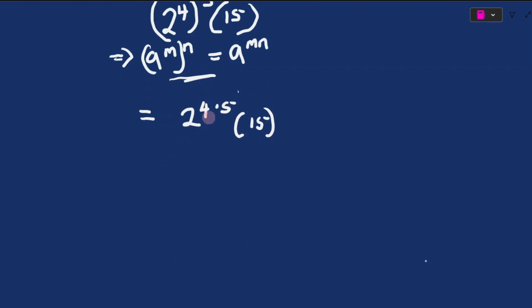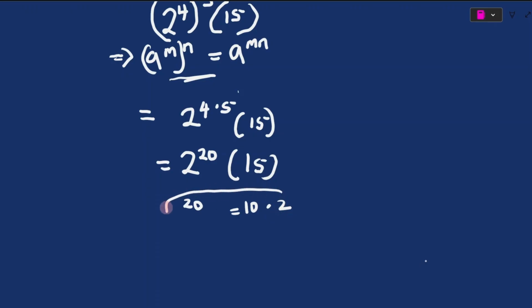And 4 multiply 5 is 20. So we have 2 raised to power 20 bracket 15. Also, know that 20 can be represented as 10 multiply 2. If we have this in our mind, we now have this expression to be 2 raised to power 10 multiply 2 bracket 15.